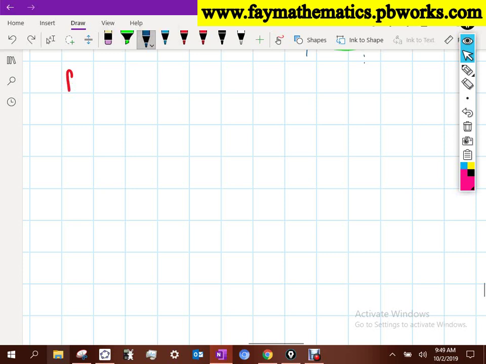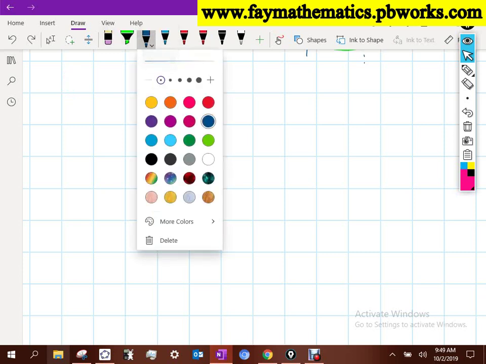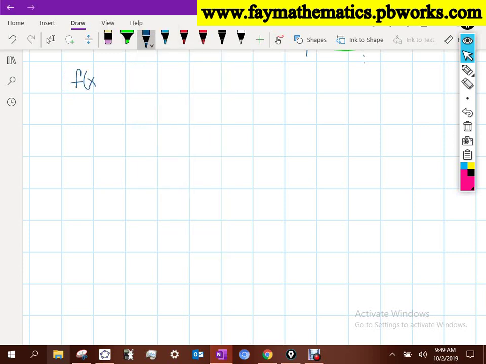So let's start with f of x is equal to the square root of x minus 5, x minus 1, x plus 4. So it's already been factored. If you FOIL that out, you'll see it's a cubic. It's a third degree polynomial.